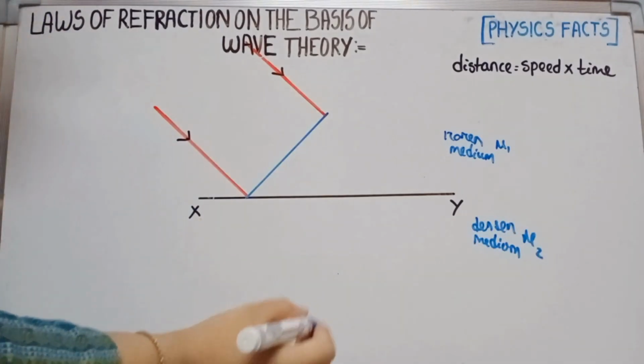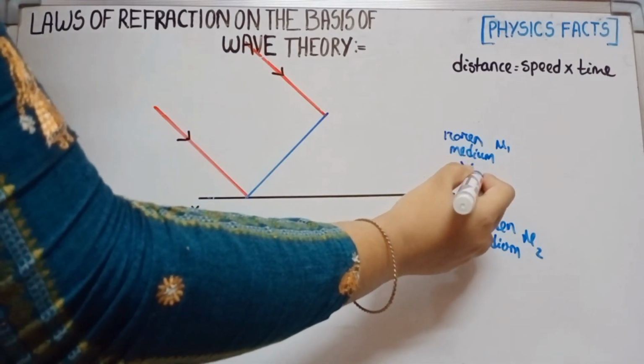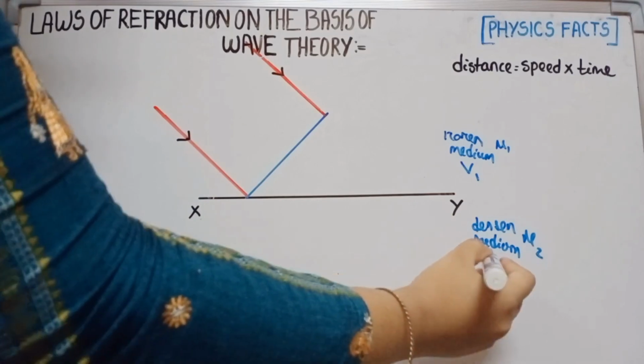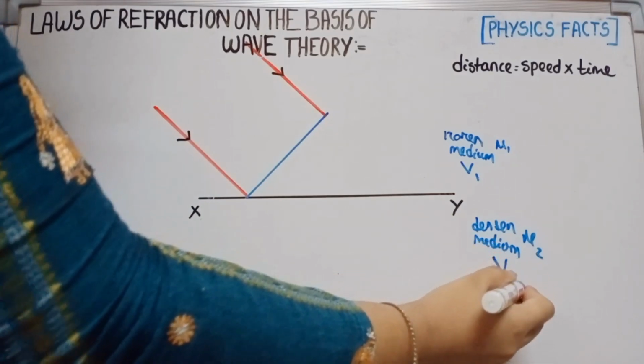Also take the speed of light in the rarer medium as v1, and the speed of light in the denser medium as v2.